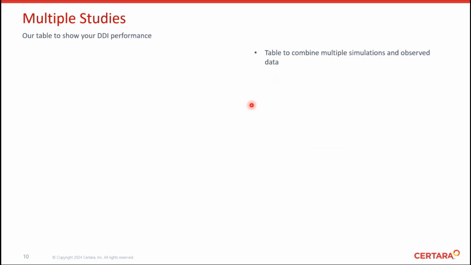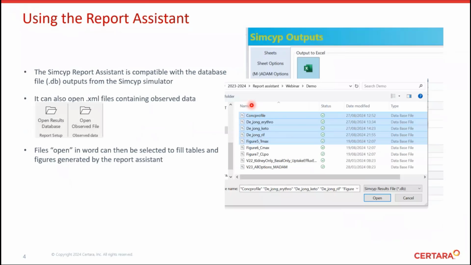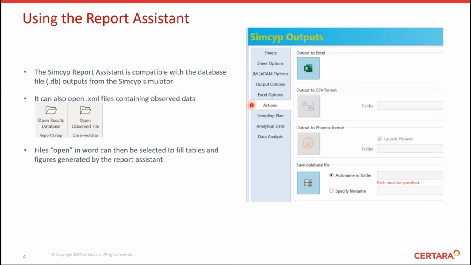If I go back to the Simcyp screen, I guess the only thing, as best practice, if you want to find them later, is to try to specify a file name, because the auto-naming folder can sometimes be a bit confusing, especially if you're running multiple ones within the same day, as it'll just give you the date and the time that it was run. But if the simulation runs fine and you get Excel outputs that don't look wrong, everything should be within the database file as well.